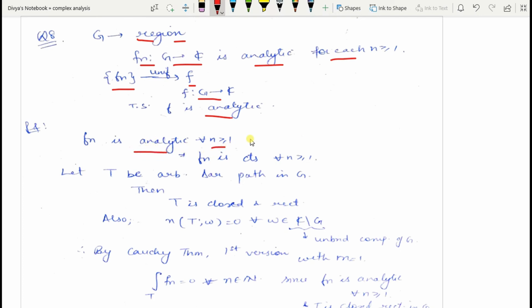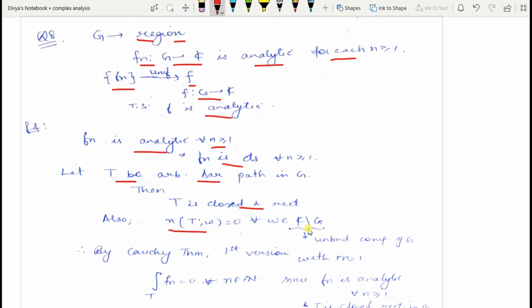To prove this, since F_n is analytic for all n greater than or equal to 1, F_n is continuous for all n. So let T be any arbitrary triangular path in G. Then T is closed and rectifiable.